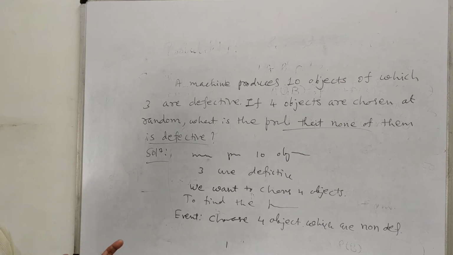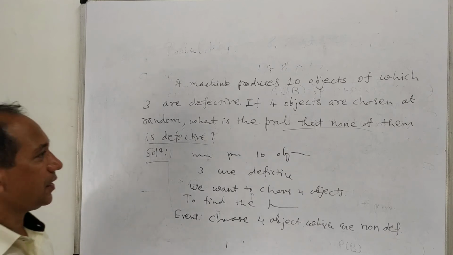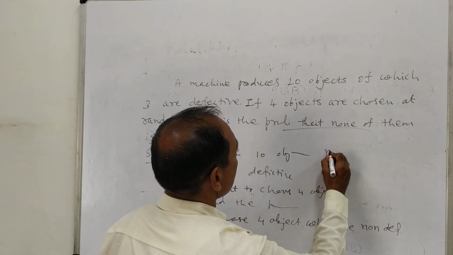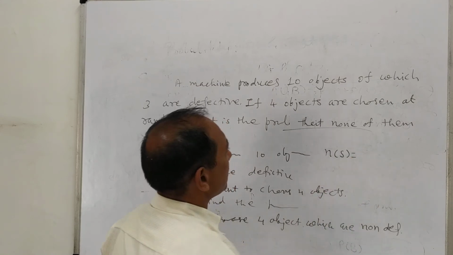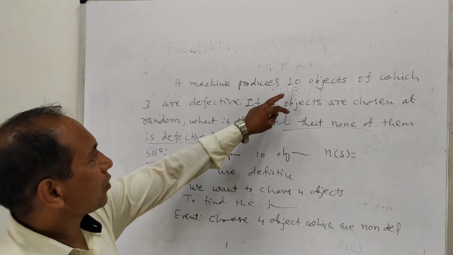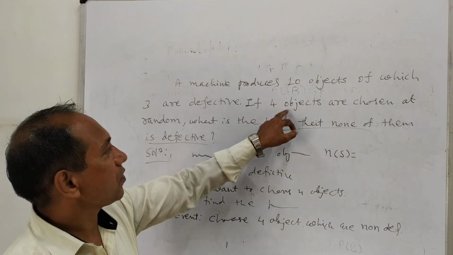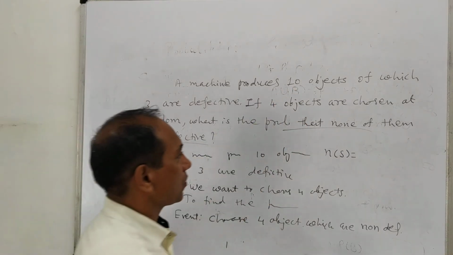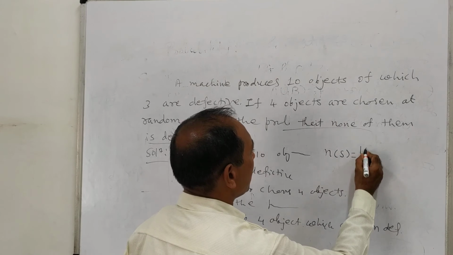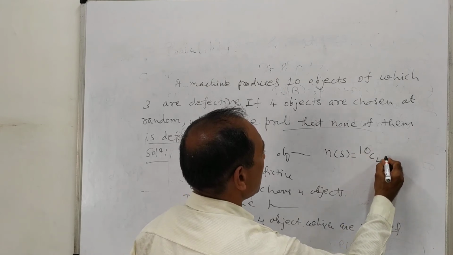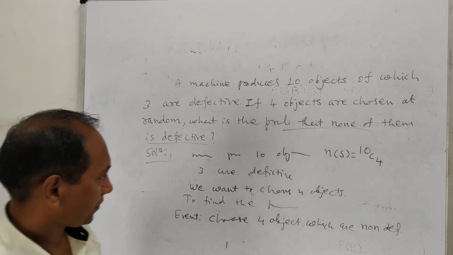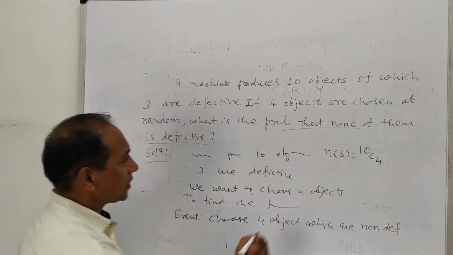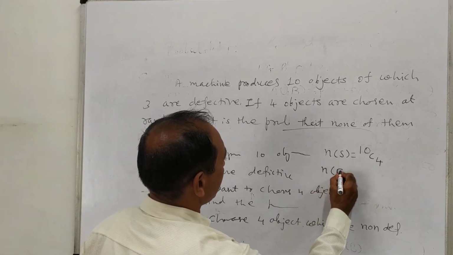So we want to choose 4 objects. So how many elements will our sample space contain? Obviously, there are total 10 objects, out of which we want to select 4 objects. So our experiment will give us total number of outcomes 10C4. And then how many elements are there in the event E?